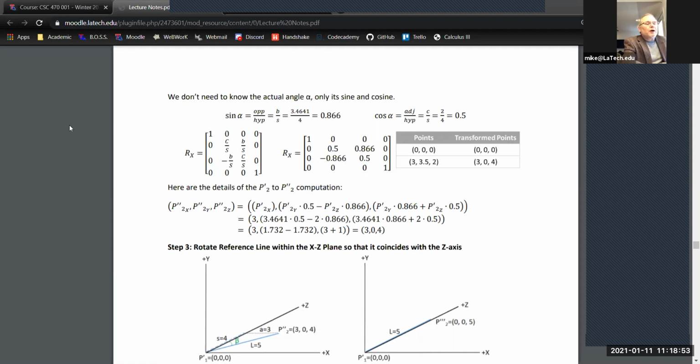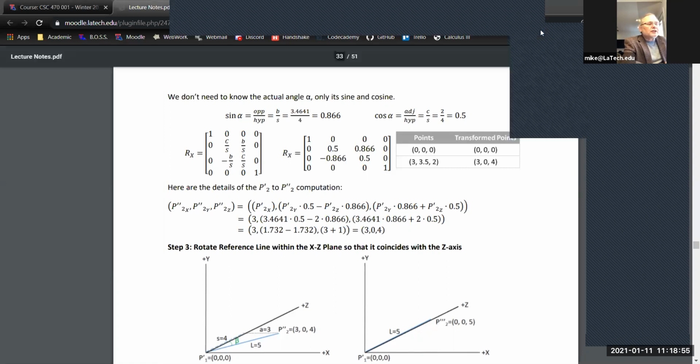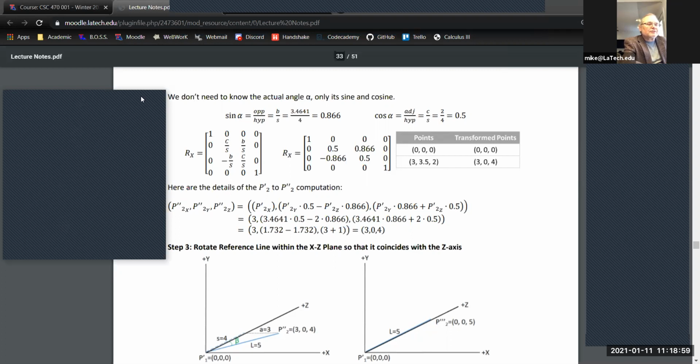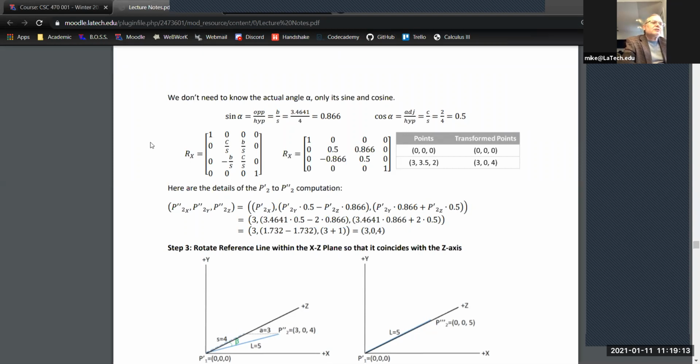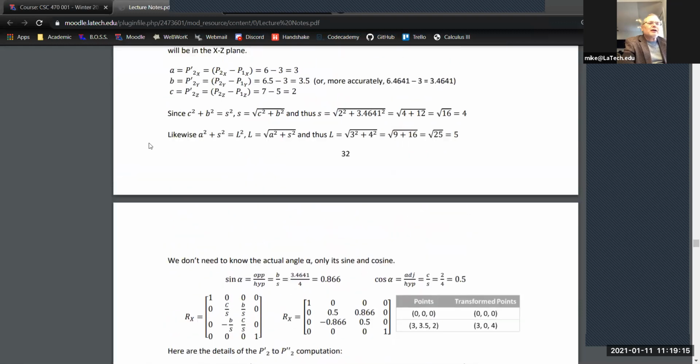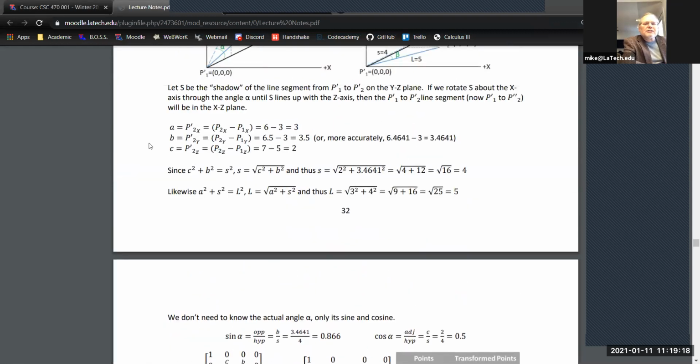So you pump 0, 0, 0 into this matrix, and of course, it's still going to come out as 0, 0, 0. You pump 3, 5, 2 into this matrix, or multiply that point times this matrix, and you'll get 3, 0, 4.